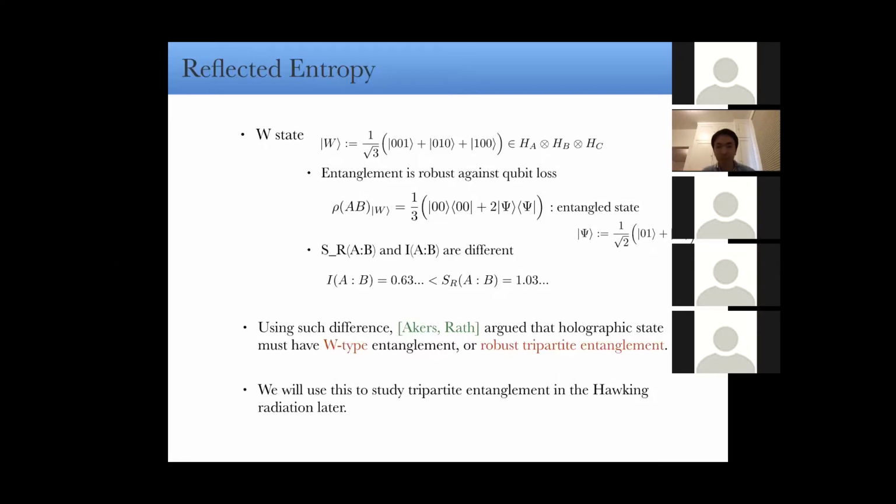Masamichi? Yes. So here you had systems A, B, and C. Are the A and B that appear in the reflected entropy and the mutual information at the end the same A and B that are the first two subsystems of this tripartite system? Yes.